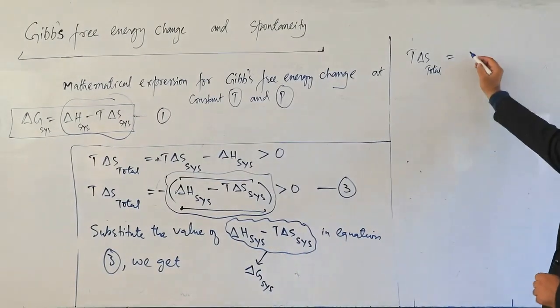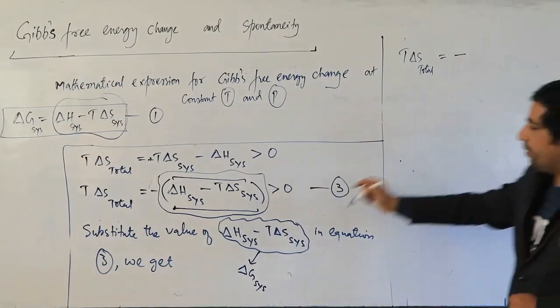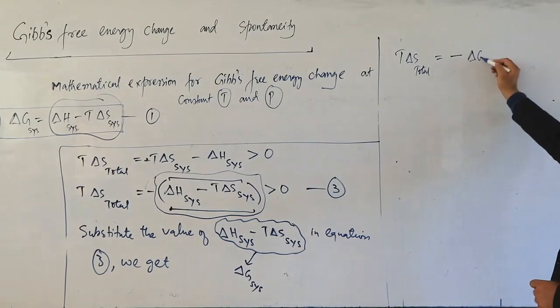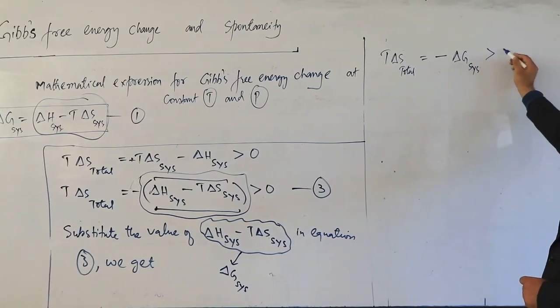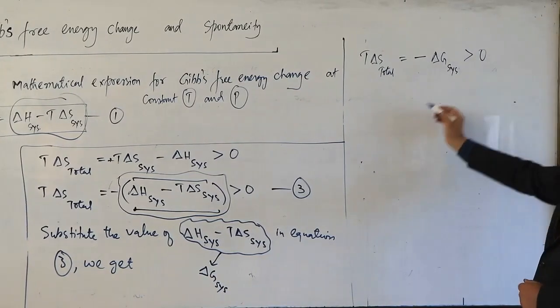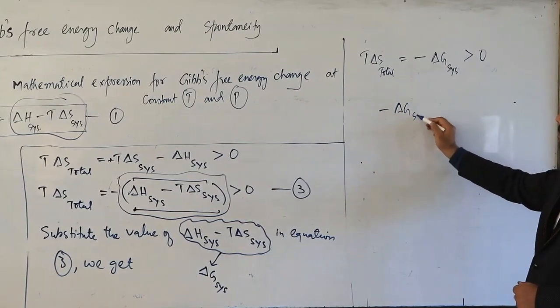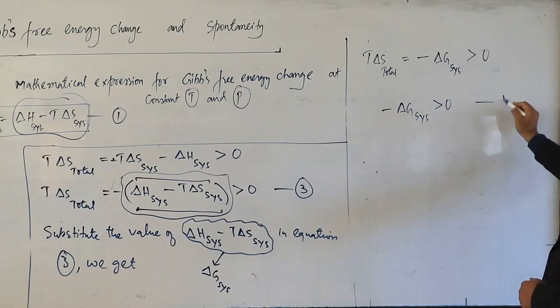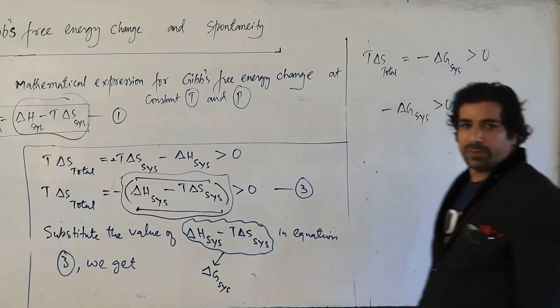So it will become equal to, my dear friends, minus will remain there. This entire thing will become del G system. Del G system is greater than 0. Okay. Now I can also write down this as, let me write down, del G system is greater than 0. Let's call it equation number 4. That is my final equation, my dear friends.